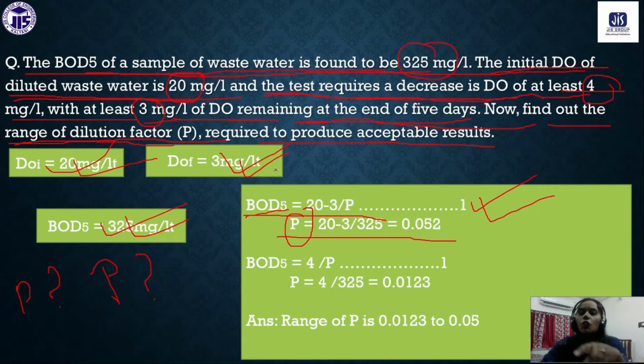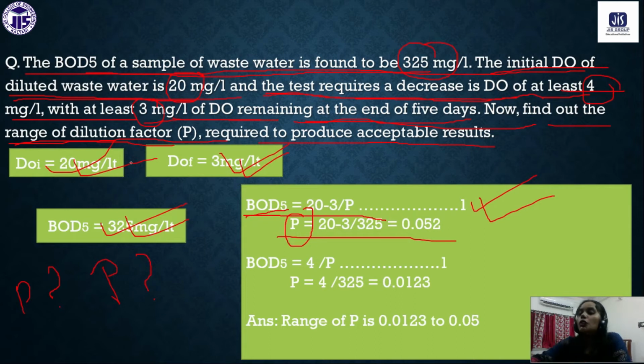So during the test, the ideal condition is that the dissolved oxygen should decrease by 4 milligram per liter. Again, the decrease of dissolved oxygen, the drop of dissolved oxygen, as we have seen in the earlier question.